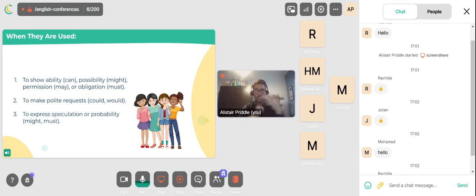Number 2, to make polite requests, could, would. And number 3, to express speculation or probability, might, must.